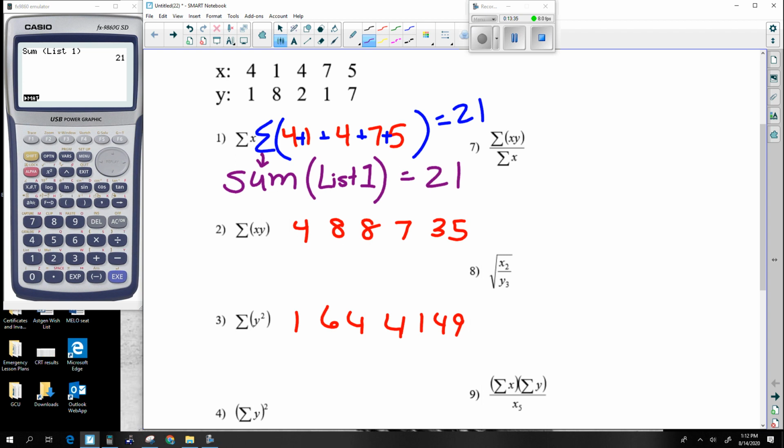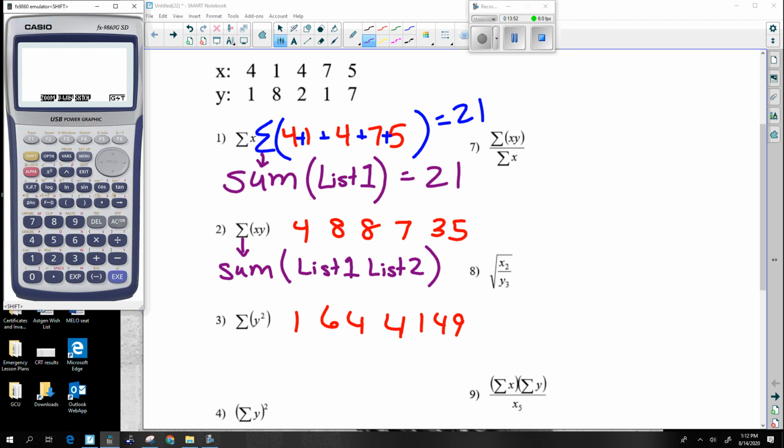So writing in calculator speak, number 2, I have the sum, open parentheses, x, which is list 1, y, which is list 2, close. So that will be the sum of x, y. So the sum, catalog, T, up a couple.